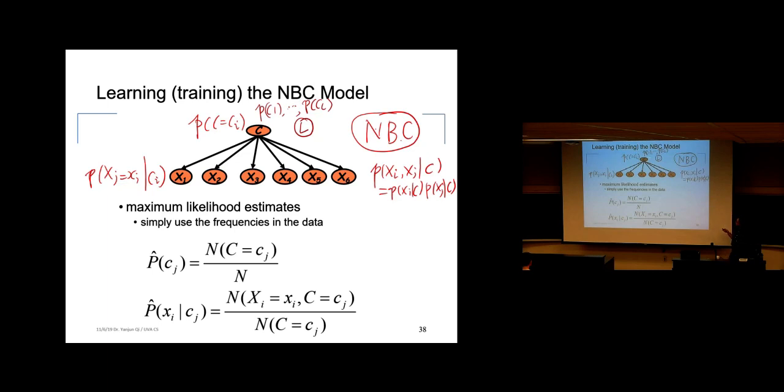Because I'm showing you a graph, and this is the simplest tree graph, but in fact you can have much more complicated ones. Here C controls x1, x2 until x6, but maybe your data is not this way.